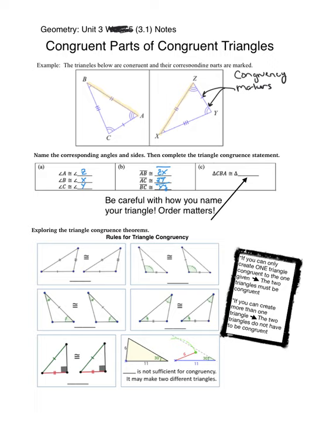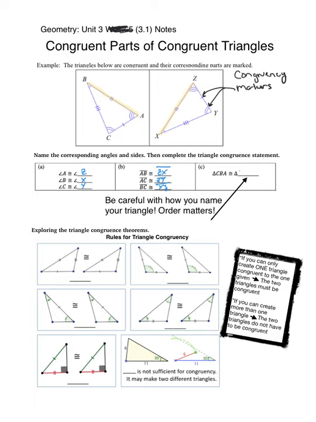And here we're going to name our triangles. Be careful how you name your triangle. Order does matter. What you're doing is you're matching the congruent angles. So, in triangle CBA, which angle matches with angle C?